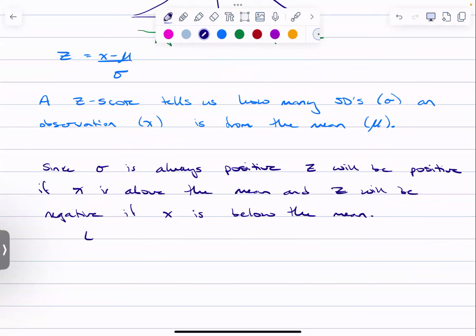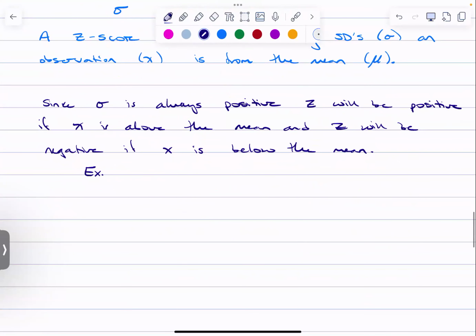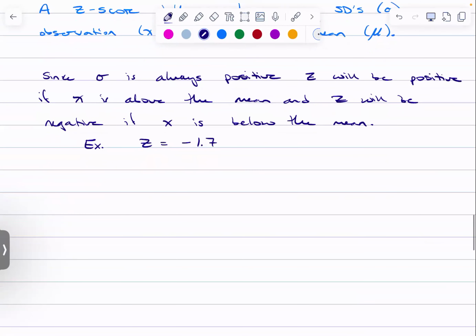So for example, Z equal to negative 1.7 means X is 1.7 standard deviations below the mean.